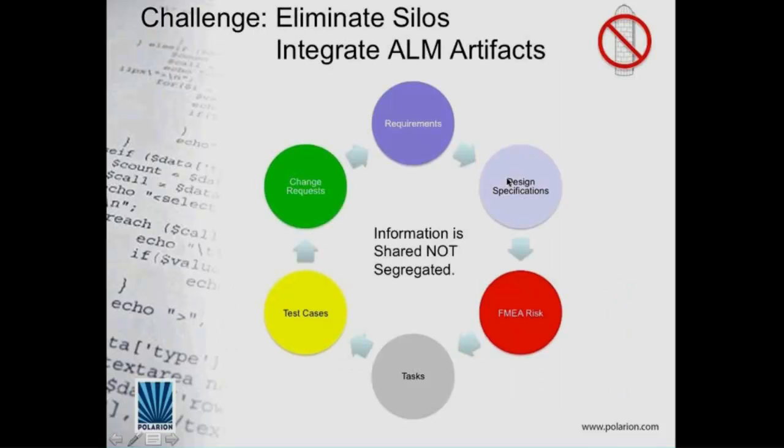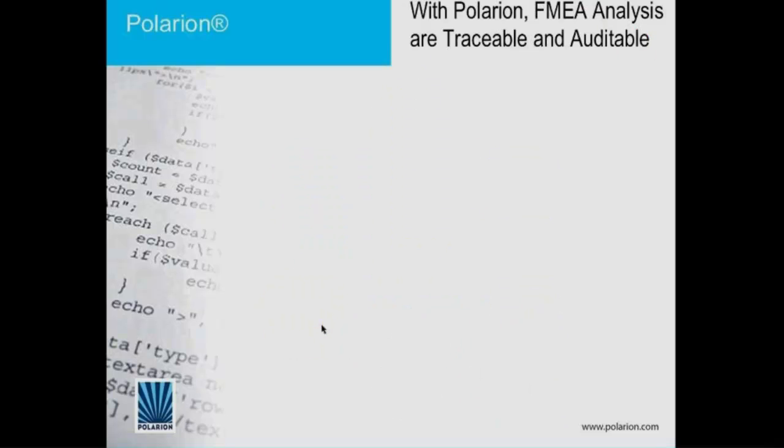Well, Polarian's challenge, and the thing that I'll be addressing today, is to eliminate these silos. We definitely want to take the FMEA risk and integrate it with all the other development artifacts that we're commonly using in our product development cycle, so that information is shared and not segregated. That is my goal to be able to discuss with you today.